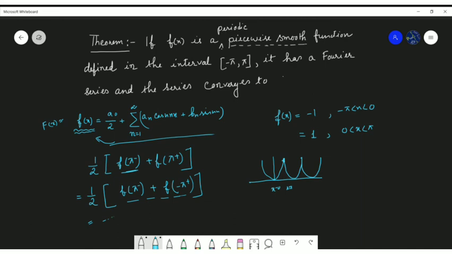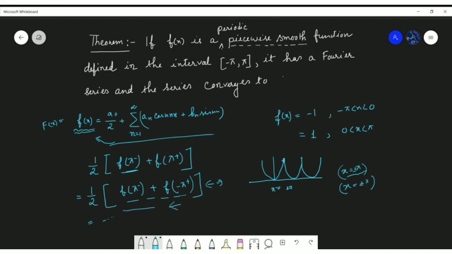So always remember, sometimes we obtain endpoints as points of continuity, and sometimes as points of discontinuity. It does not depend on continuity or discontinuity at the endpoints. We have to always use this relation to find the convergence of the Fourier series at endpoints.